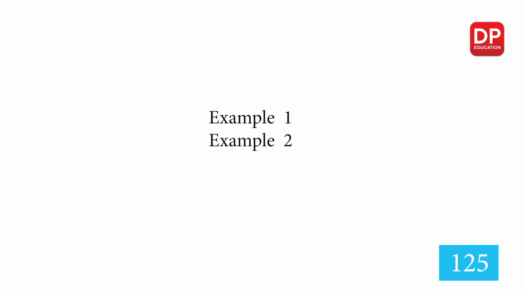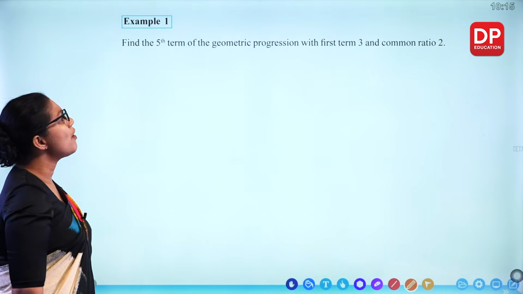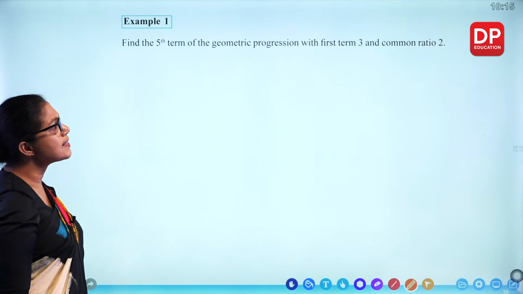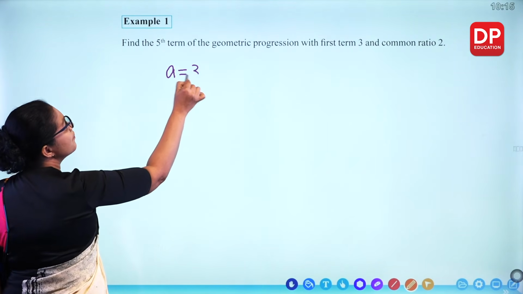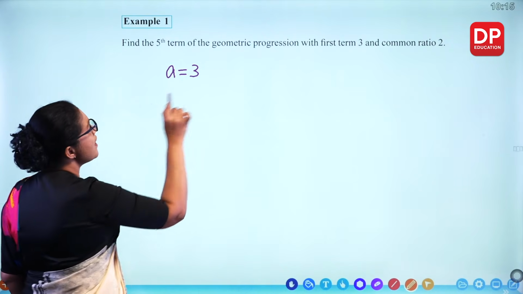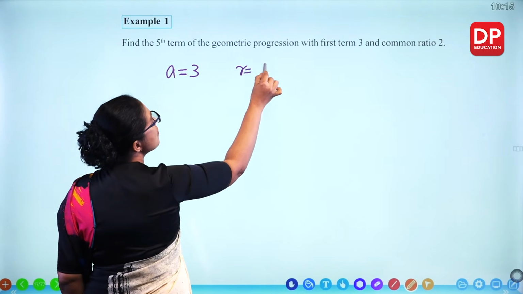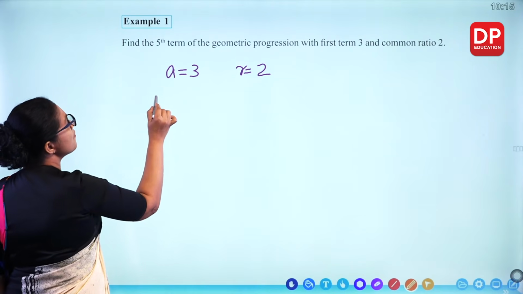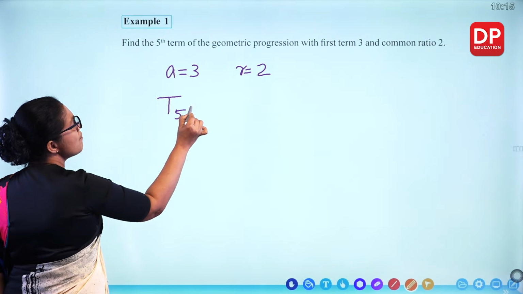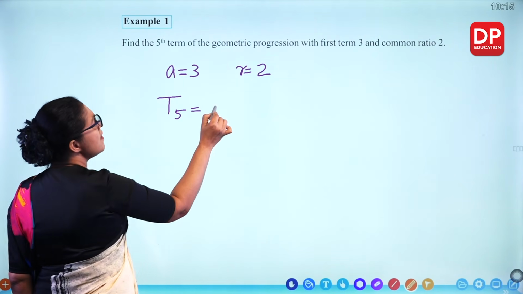Example 1 in your textbook. Find the 5th term of the geometric progression with first term 3. A is 3. And the common ratio R is 2. You are asked to find out the 5th term. What's that? T5. What is T5?